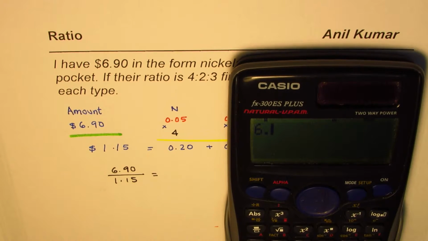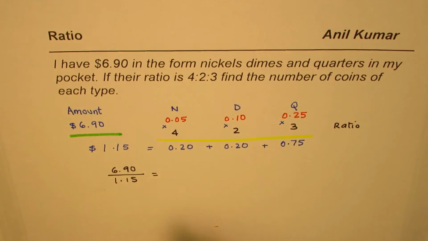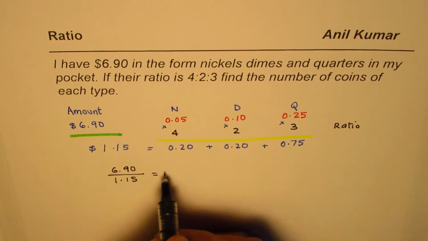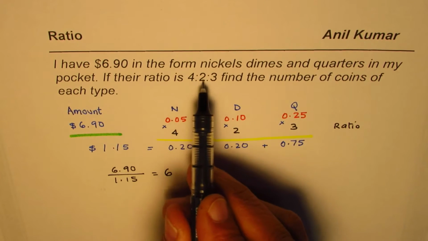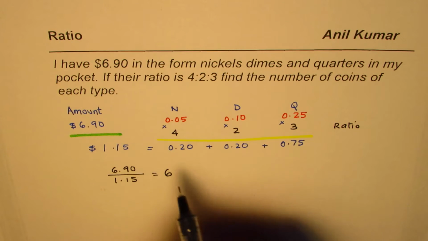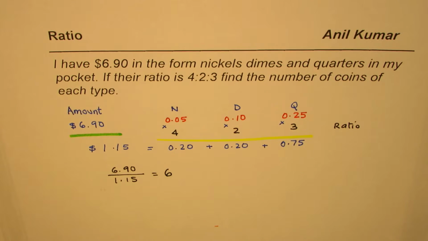So 6.9 divided by 1.15 is equal to 6. So that gives us a value of 6, right? So this is 6. So it really means that each set is 6 times 4:2:3, right? So we have 6 times all these numbers.